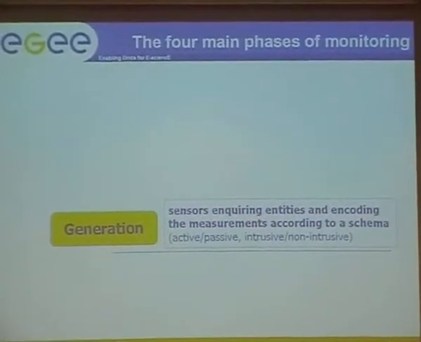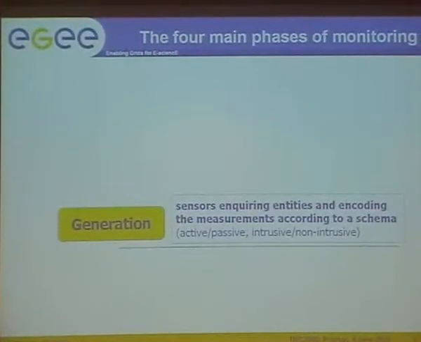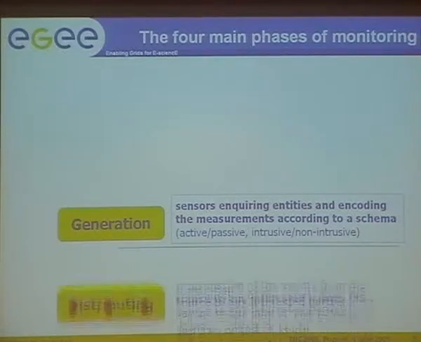We can say that a sensor is intrusive if the measurement process can affect in a noticeable way the activity of the target entity that is being measured. And it's important to pay attention to the design of sensors that are intrusive.